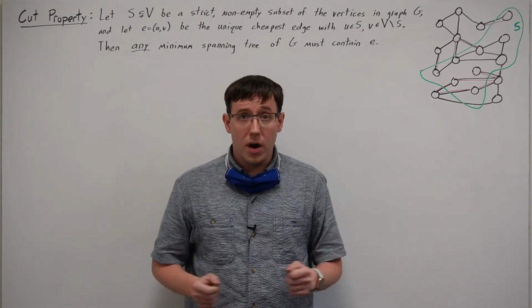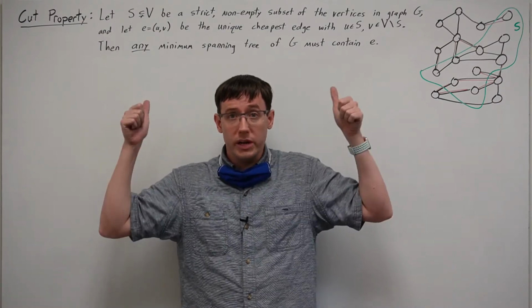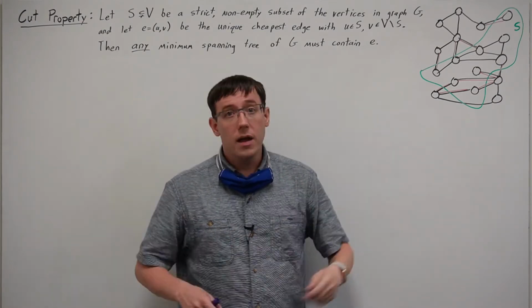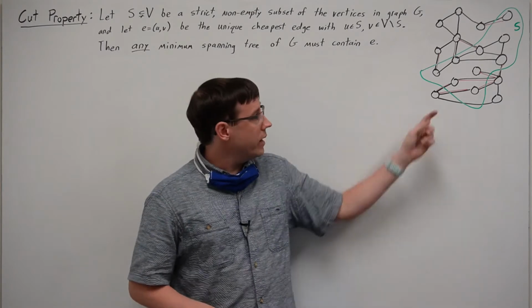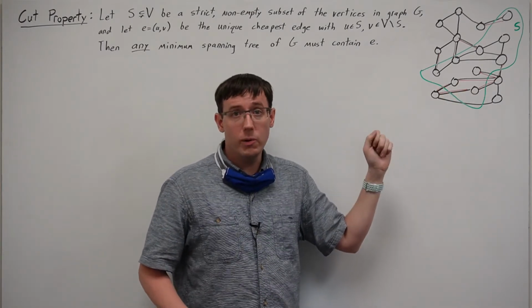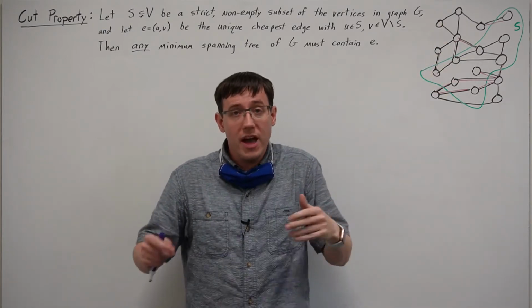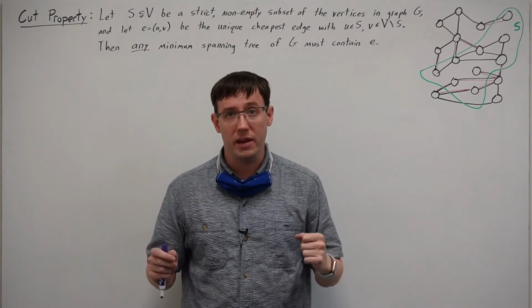So I said that the cut property would help us prove the correctness of our algorithms, but first we need to prove the cut property. And the core idea is that if we didn't pick the minimum weight edge across the cut, we would have to pick some other edge across the cut instead, and that would increase the weight of our spanning tree.